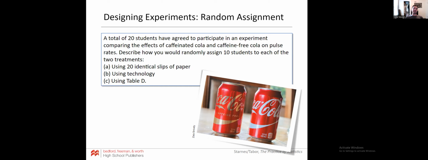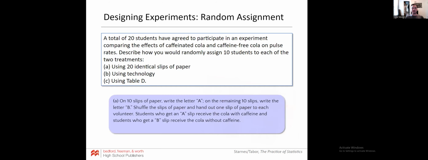You could use technology such as random integers, right? You would assign numbers to all 20 people. The first 10 that show up are going to go into one group, or you could do every other. A lot of ways you can do it. Or you could do the same thing with assigning numbers and using Table D. So, yep, group A, group B, or group P for placebo, group T for treatment. Anything like that would work.